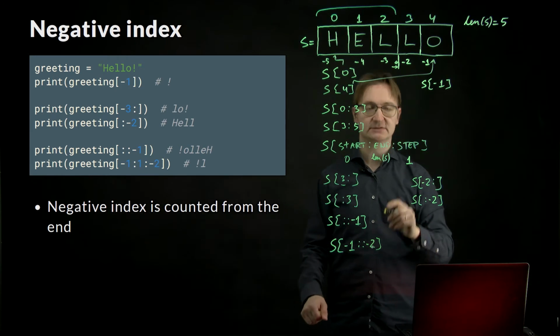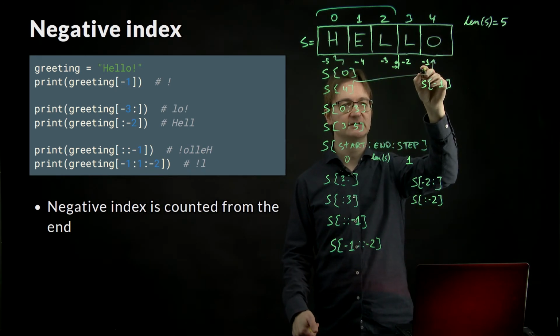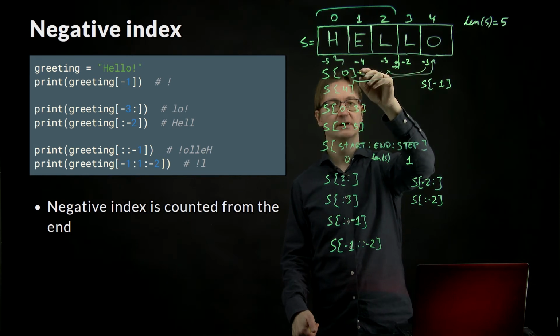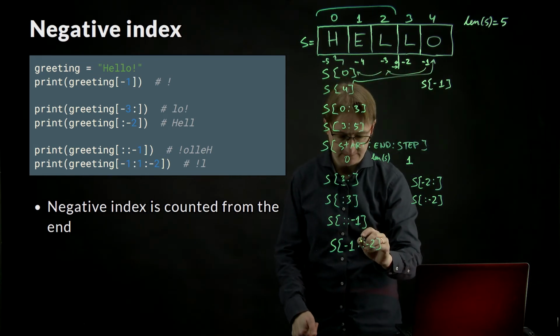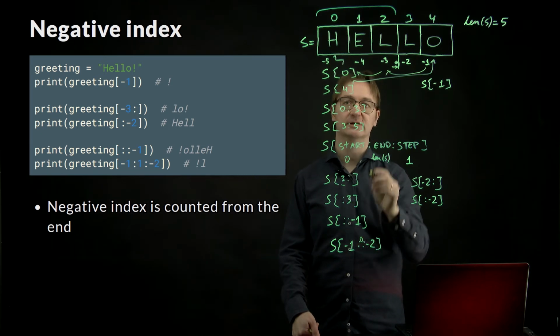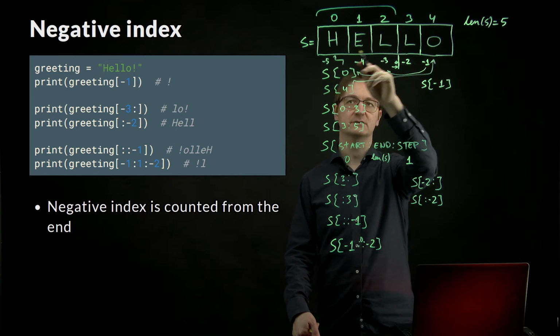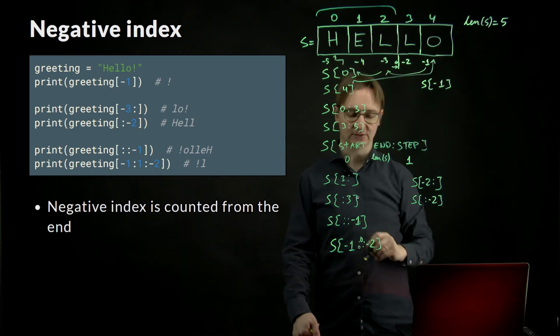So basically what happens is that it starts from this index and it takes every other value. If I would write 0 here, it would mean that the end index is not included. So in this case, I would get only O and L, because this index itself is not included.